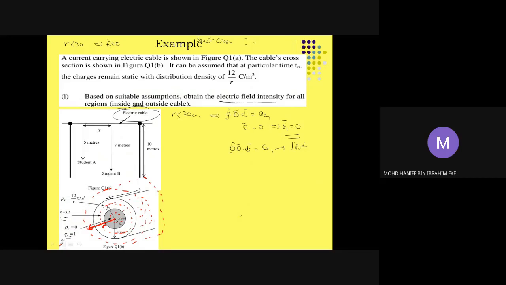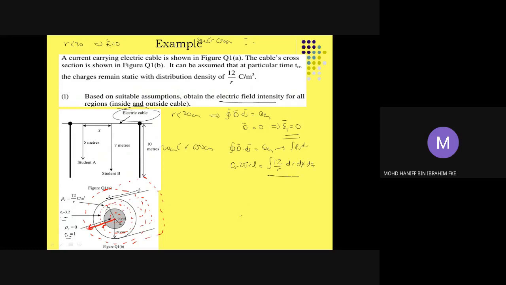Okay, for the second case, which is R between 20 cm and 50 cm, basically you're going to have D times 2 pi RL, and the enclosed charge is the integration of 12 over R, dr dphi dz.